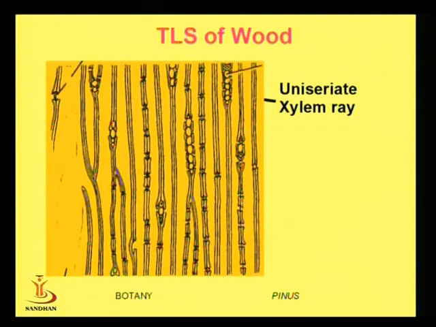When we take the TLS, that is the tangential longitudinal section, the rays which we have seen earlier, the ray tracheids and ray parenchyma, will not be found here, but here one can very well find different kinds of seriate xylem rays. Here you can see very well the uniseriate xylem rays. This uniseriate is not showing many branches and not much depth or width of the cells.